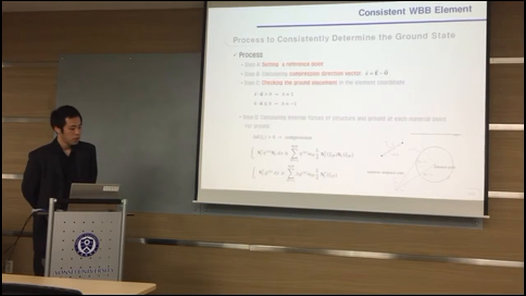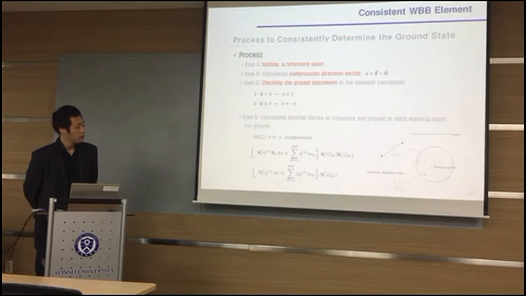The detailed methods used in the process are listed in the slide. First, set a reference point within the cavity, and using this point, the physical compression direction will be determined. After calculating the compression direction, check the agreement between the physical compression direction and the normal direction of the element. For example, the capital lambda is 1.